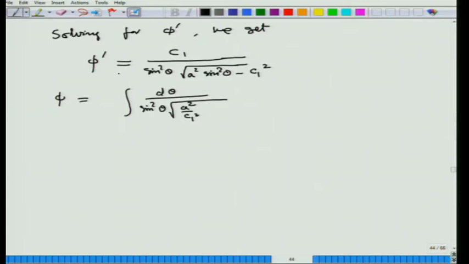Dividing by C1 square will cancel, dividing by C1 here will give us this, and taking out this sin square theta will give us the following, minus cosec square theta plus some C2 here.